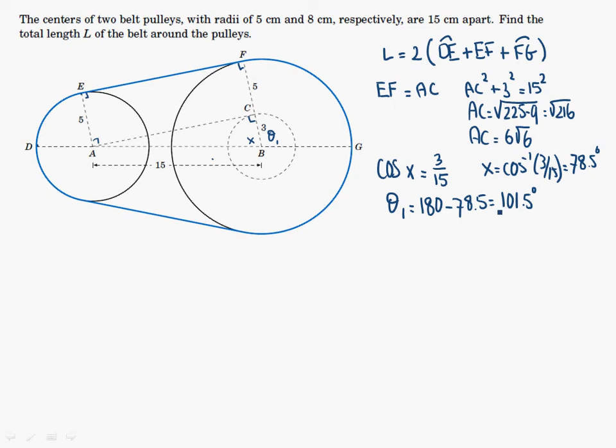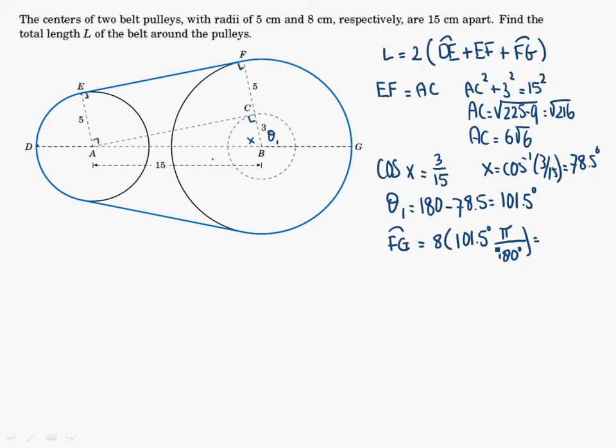And why did I find that angle again? How is that helping me? You can put in the radius, right? And use that to find arc length. And that will be arc length FG, right? So FG is the radius, and what's the radius of the larger circle? 8. 8 times this measure, but then it has to be in radians, so here's where the conversion comes in, which is really not that big of a problem.